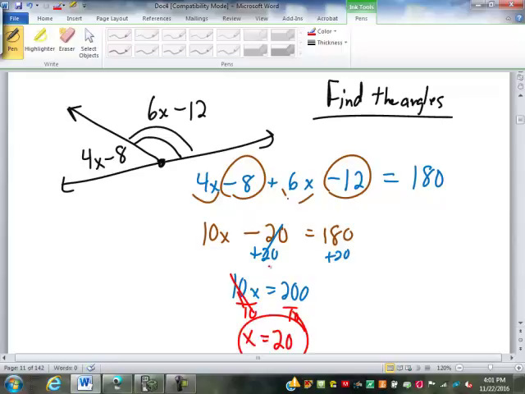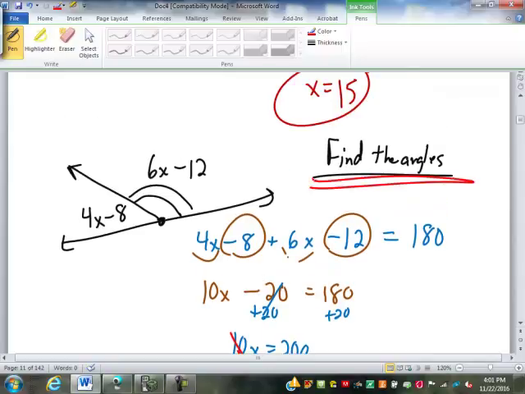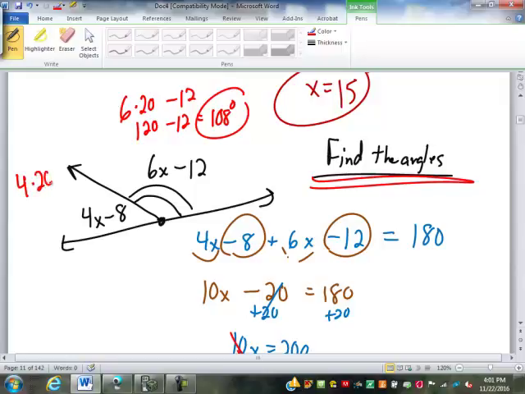Now that's not the end of it. We still have to go back and find the angles. So 6x is 6 times 20 minus 12. 6 times 20 is 120. Minus 12 is 108 degrees. 4x minus 8, so that'll be 4 times 20 minus 8. 4 times 20 is 80. Minus 8 is 72, so 72 degrees. And we double check. Those two do add up to 180 degrees. So it works out.